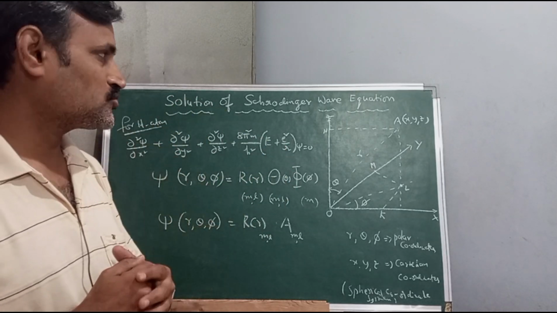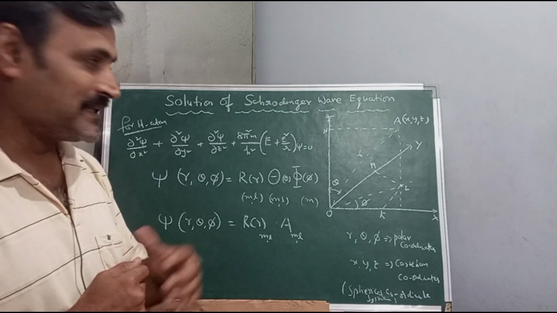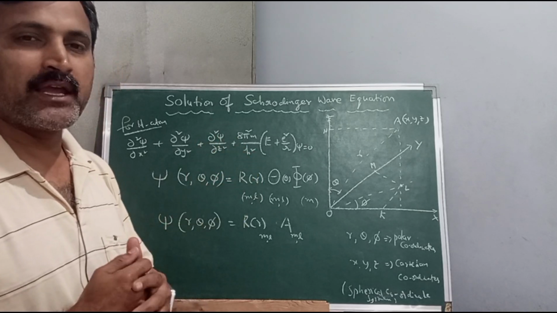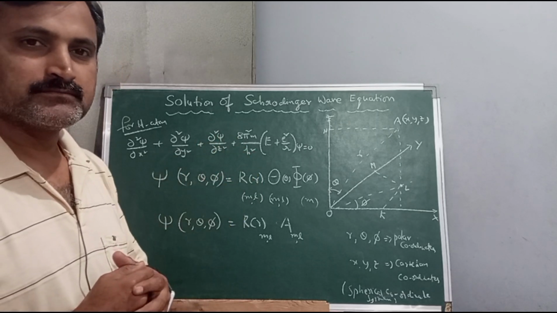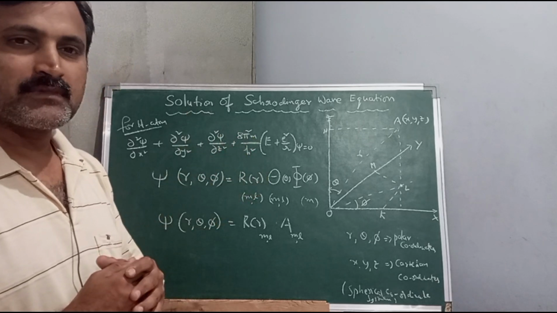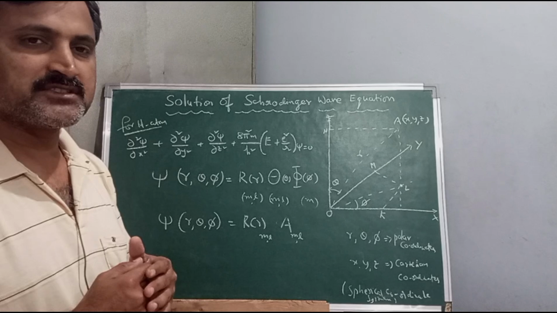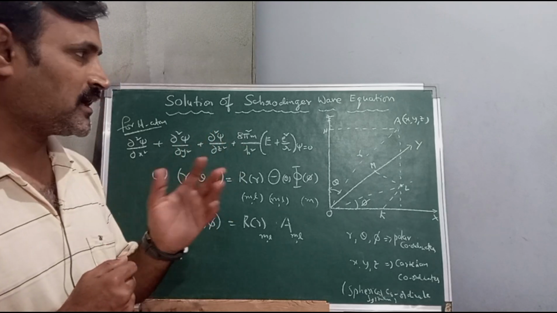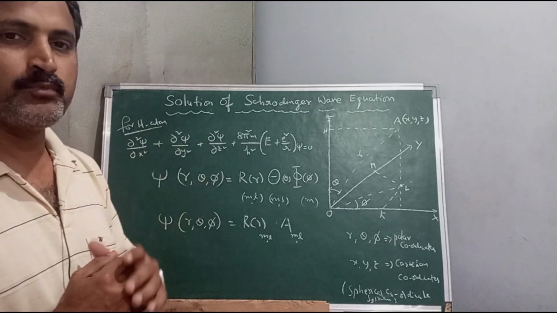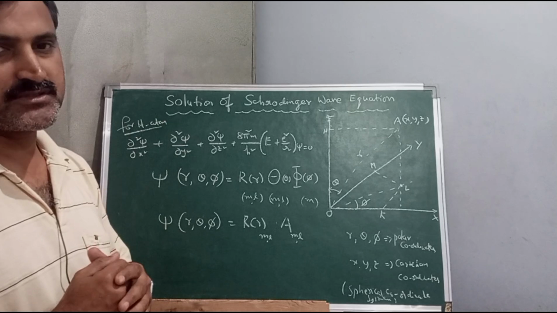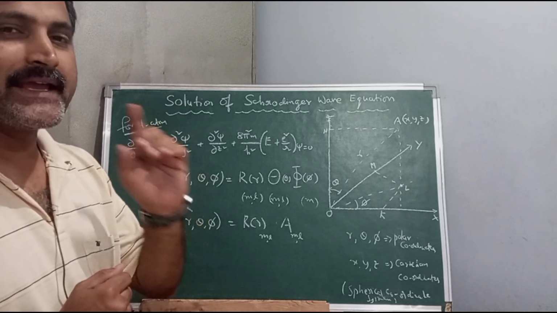Once we solve this Schrodinger's wave equation and the wave function is satisfied by any of the functions discussed, all those functions in the spatial arrangement around the nucleus are said to be eigenfunctions. They are called eigenfunctions.